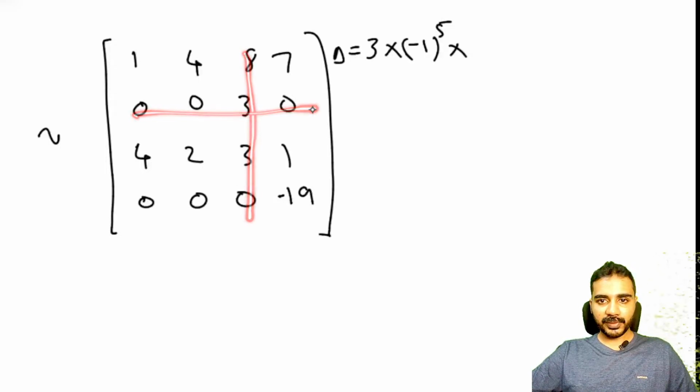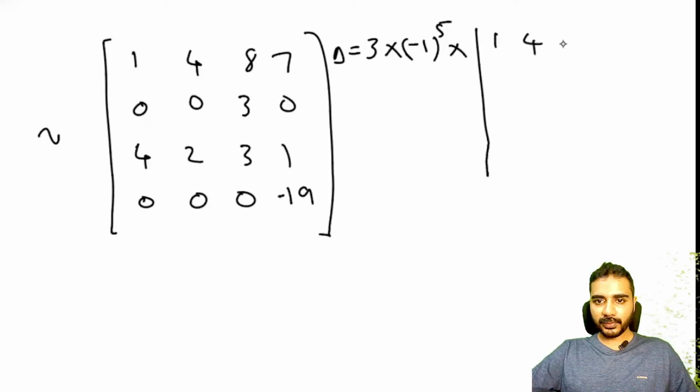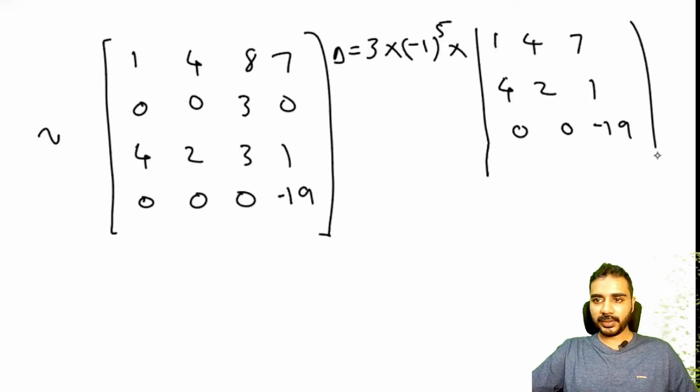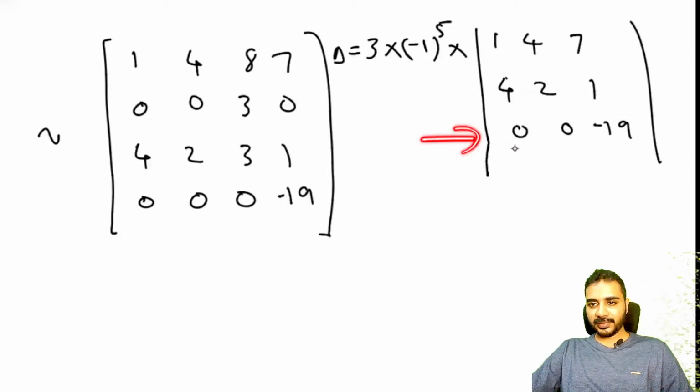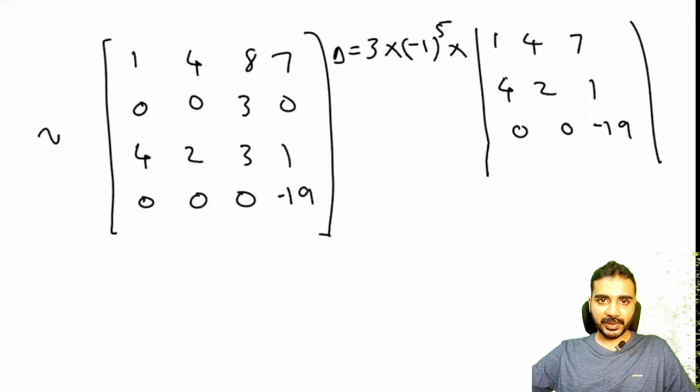So the final determinant we need to calculate is 1, 4, 7, 4, 2, 1, 0, 0, minus 19. Since we have done that row operation, we get this row. So we can calculate the determinant much more easily.